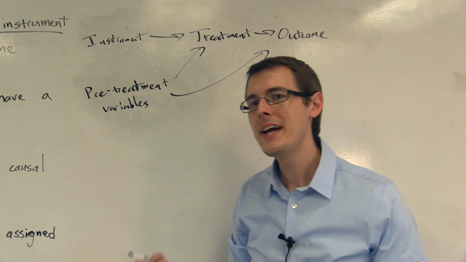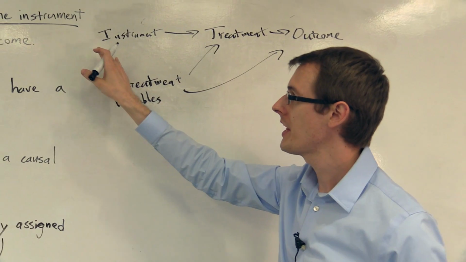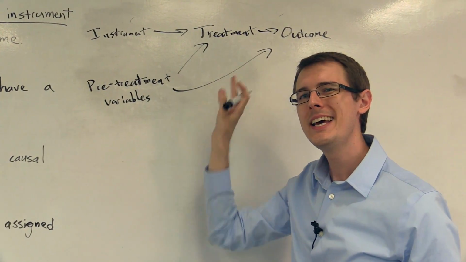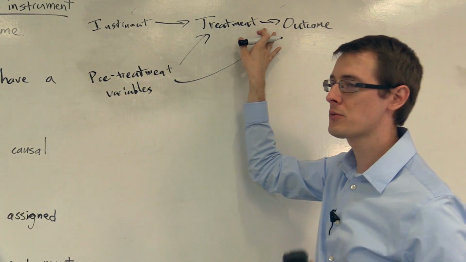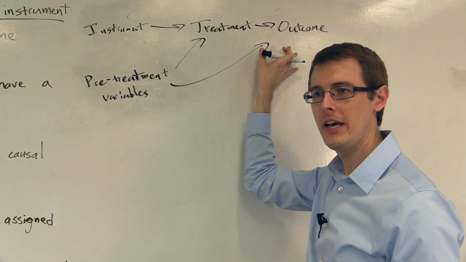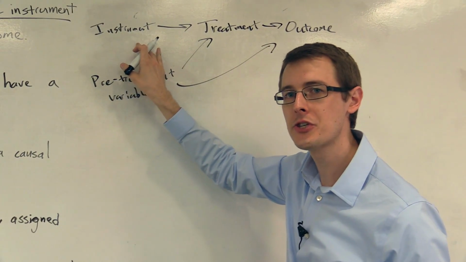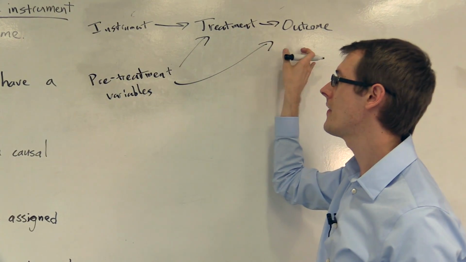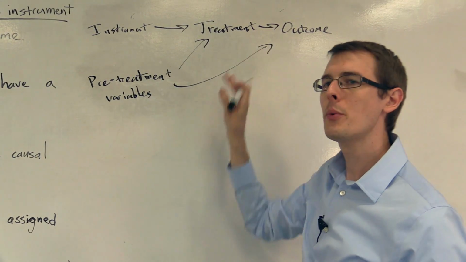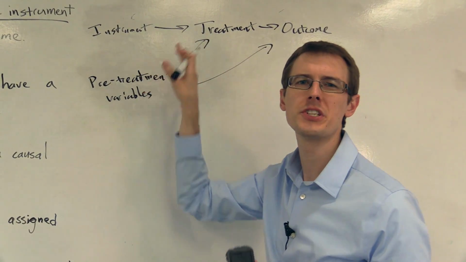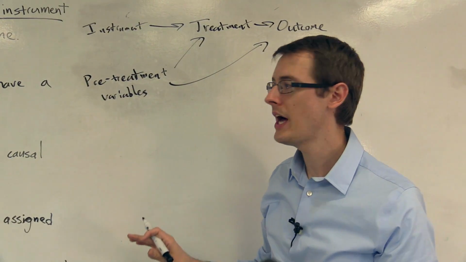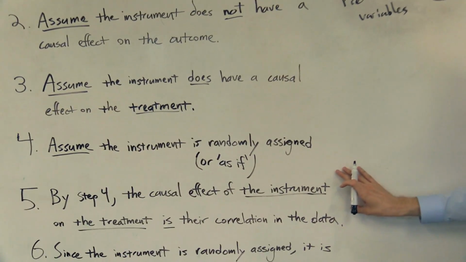So we're not quite done yet, because that correlation between the instrument and the outcome isn't exactly the effect we want, the treatment on the outcome. It's the combined effect of the instrument on the treatment and the treatment on the outcome, these two arrows. So we have to somehow remove this first effect. Well, we can do that because of step 5 here.